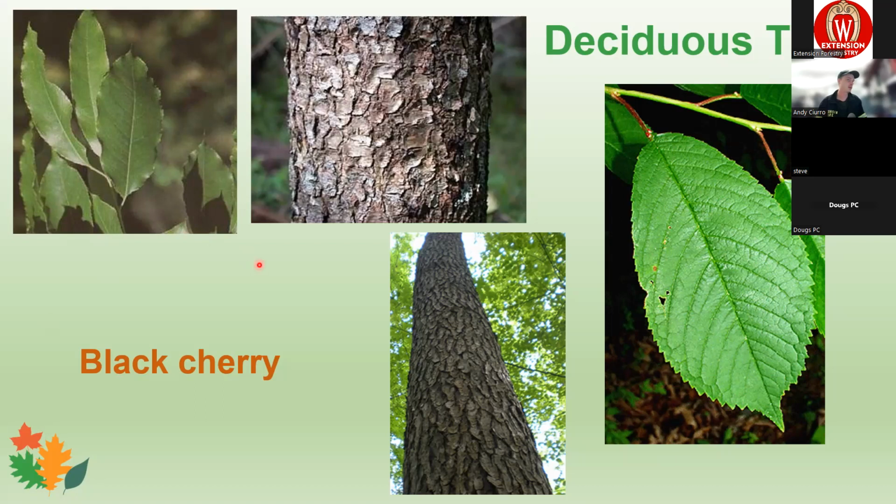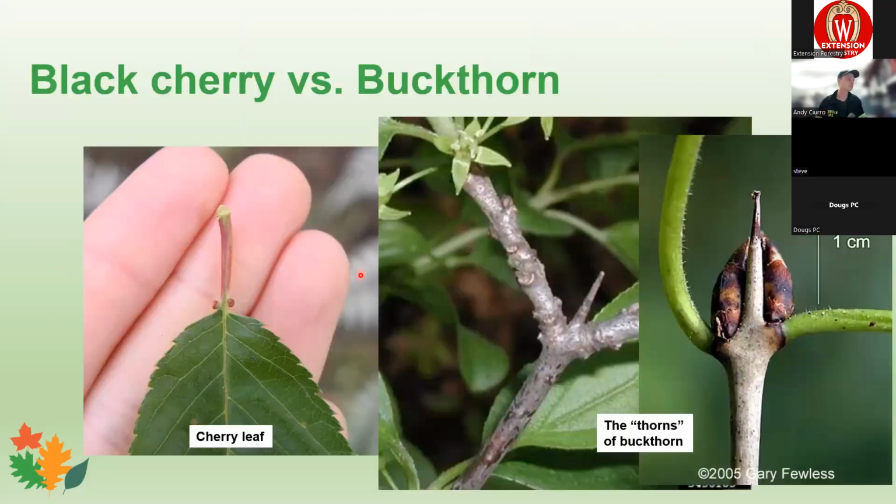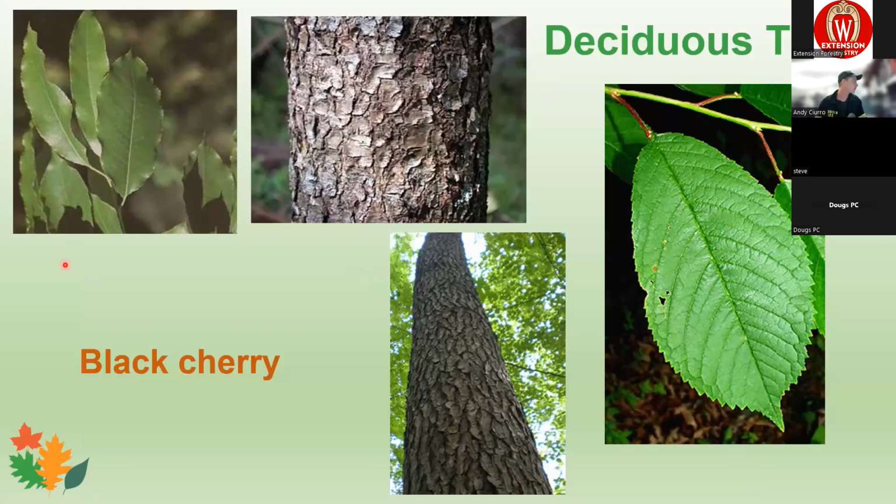Are the leaf petioles flat? You're only going to know by feeling it, really. And on a cherry, they're not flat. So going down to 12, are leaves nearly as wide as long, or are they longer than wide?